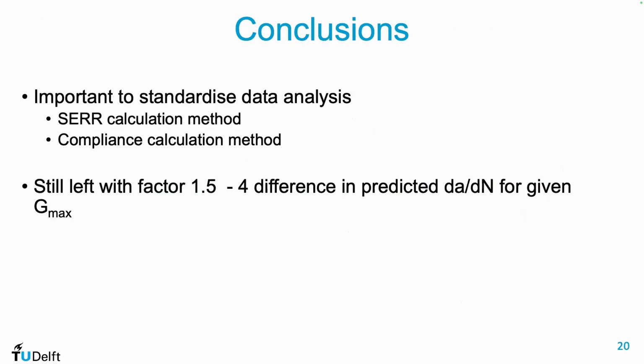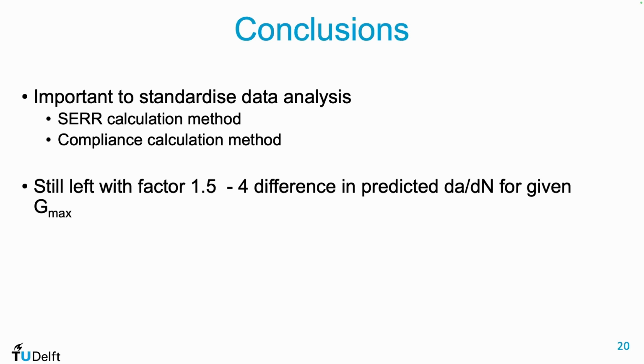So to summarize all of that, we found that it's really important to standardize how you're doing your data analysis, not just how you do the experiments, right? Especially how we calculate the strain energy release rates, and how we calculate the compliance, was found to make a really big difference in the results you get.